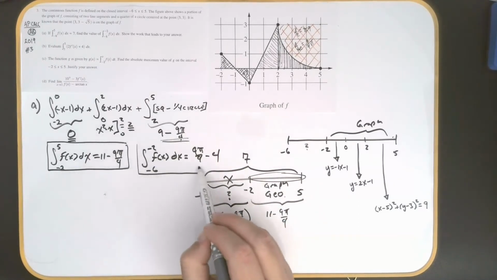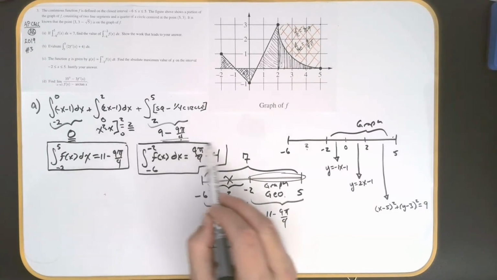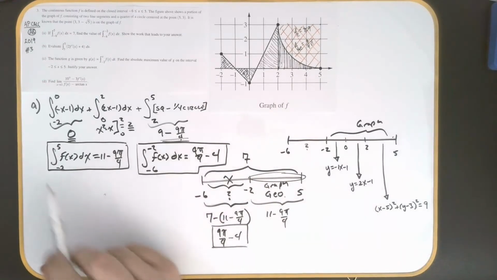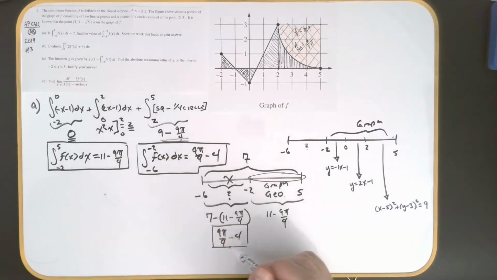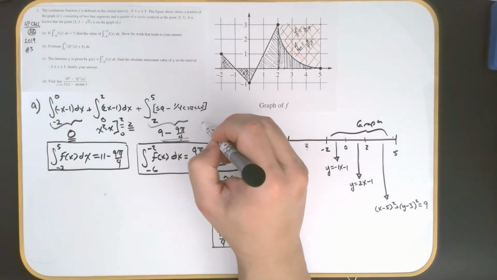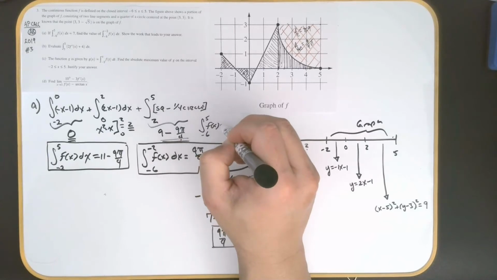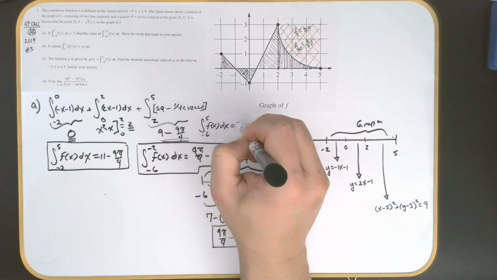This is the actual answer to that question. Okay, so we had negative 2 to 5, negative 6 to 2, and then the given, which I can just rewrite here just for the purposes of having it next to everything. The integral of the entire distance right here, that was equal to 7.